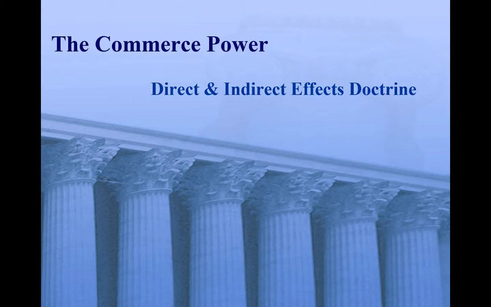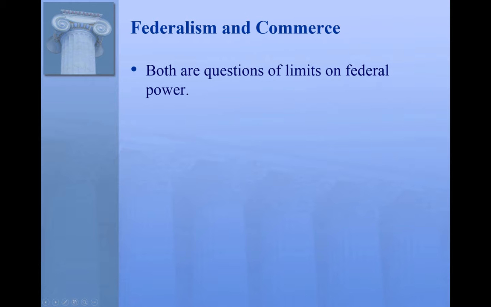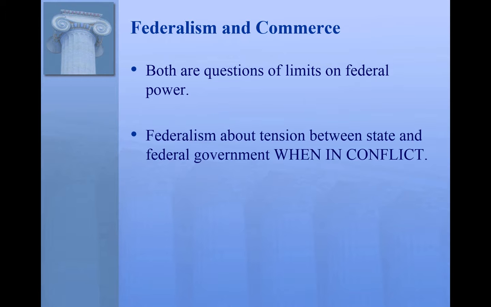Hello and welcome to our lecture on commerce power, in which we will consider the direct and indirect effects doctrine of the Supreme Court. Just by way of review, we said that federalism and commerce are very closely related. They are both questions of limits on federal power, and federalism is about tensions between the state and the federal government when they conflict over who should have power to regulate something or implement some policy.